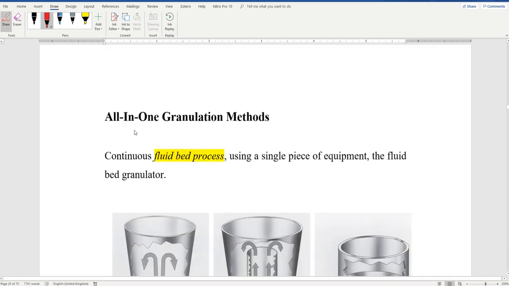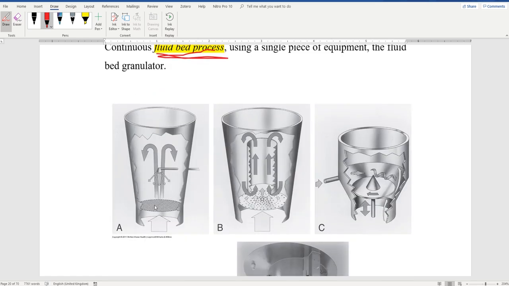In wet granulation, in the topic powders and granules, we also talked about the fluid bed process. And I believe you remember the video that I showed you where your powder is loaded in the conical part of the fluidized bed machine, and the air comes from below.